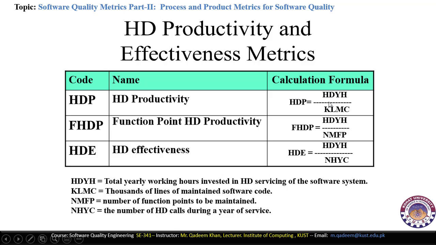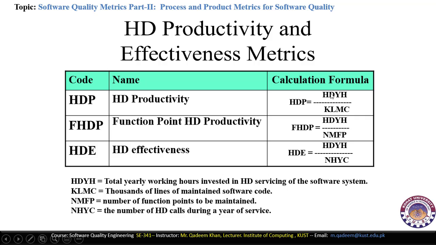So here we divide the yearly hours by 1,000 lines of maintained code. If we are maintaining more code relative to the hours passed, the value will become smaller and smaller, tending towards zero.